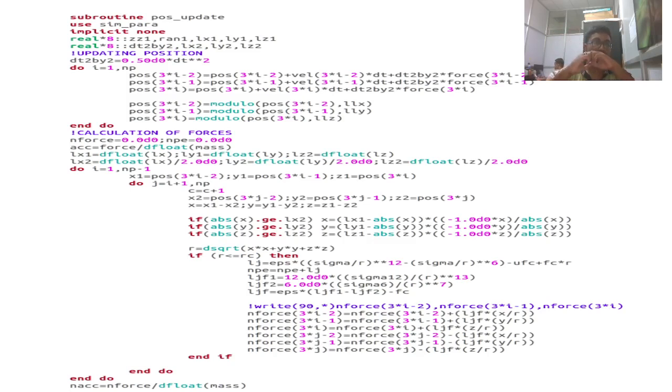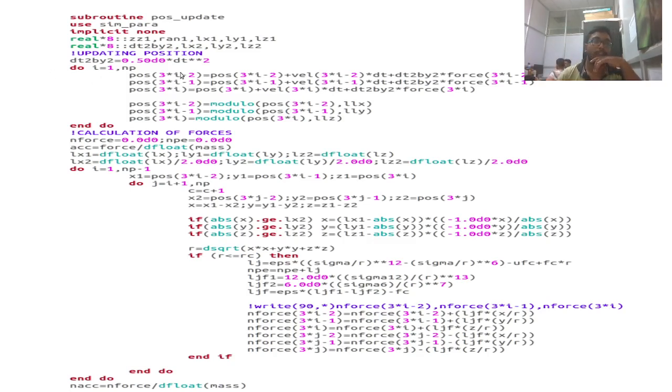So instead of making it a 3-dimensional array, we make it a 1-dimensional array in which the first element will be the x component of the position as well as the velocity of the first particle, the second element will be the y component of position and velocity of the first particle, and the third will be the z component of the velocity and position of the first particle. So in this way the array has been defined here.